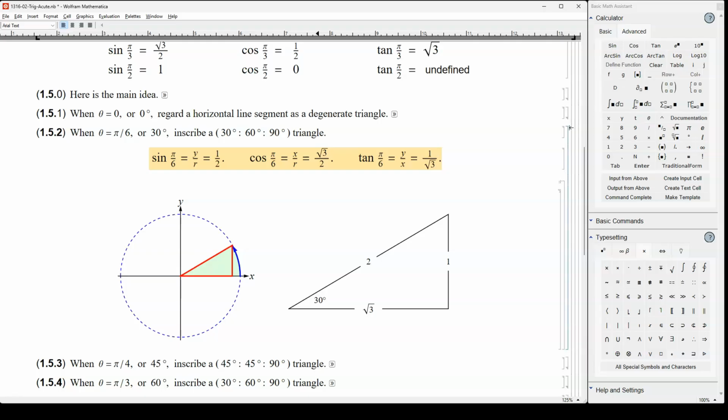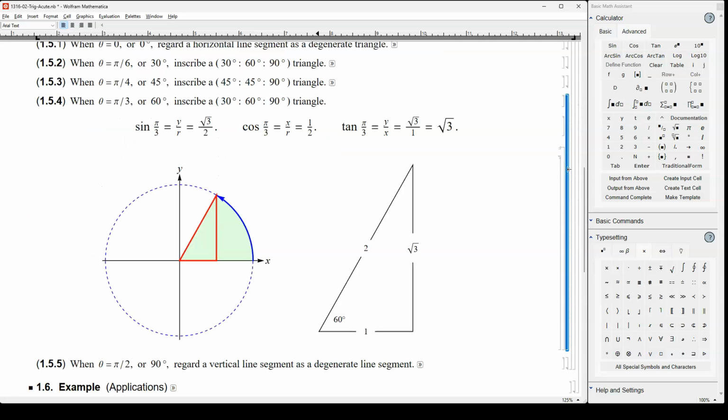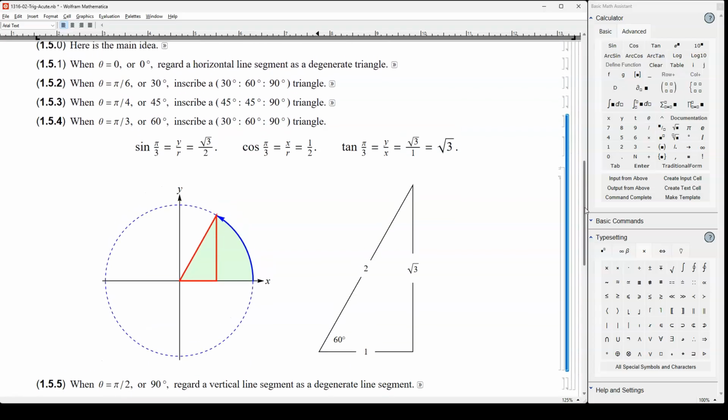We can utilize this 30, 60, 90 triangle again, this time positioned like this, with 60 degrees there, or pi over 3. Sine of pi over 3 is opposite over hypotenuse, square root of 3 over 2. Cosine of pi over 3 is 1 over 2, adjacent over hypotenuse.